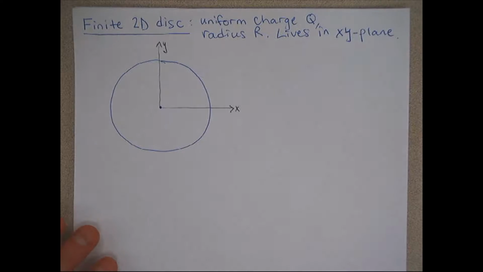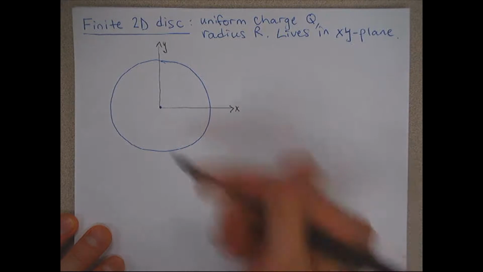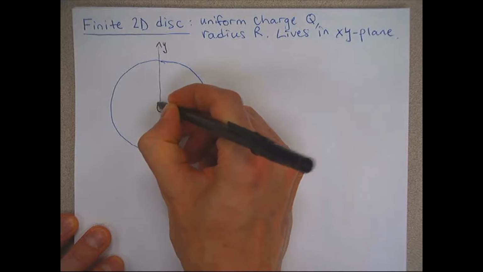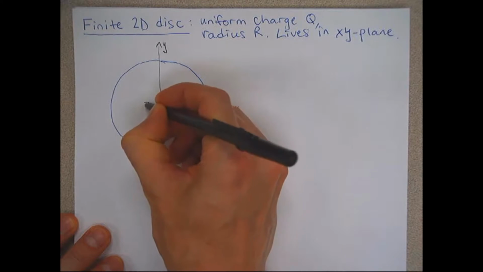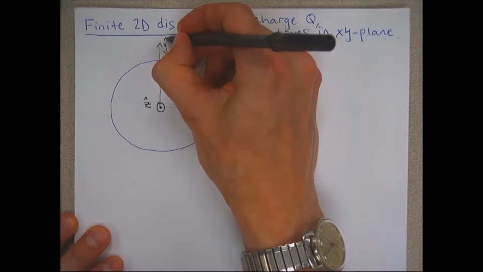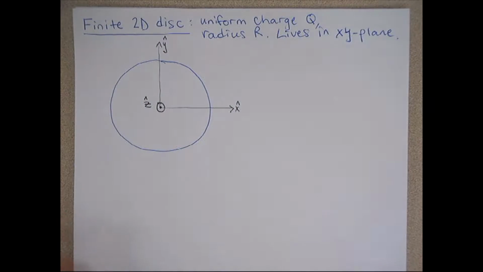So if this disk is living in the XY plane, then the z-axis is, of course, out of the page. We can use x hat, y hat, z hat, or i hat, j hat, k hat, up to you in this situation.